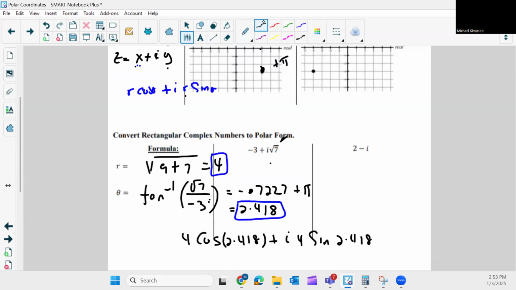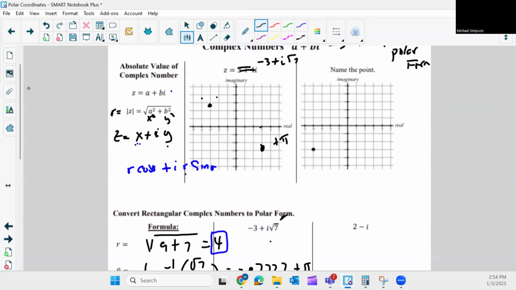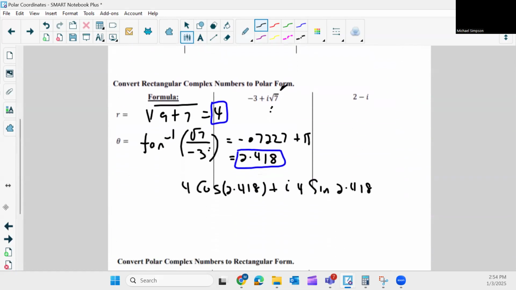That's how you write complex numbers in polar form. And if you notice that 4 is common to both terms, I can factor 4 out if you want to. I'm not going to nick you for this one.